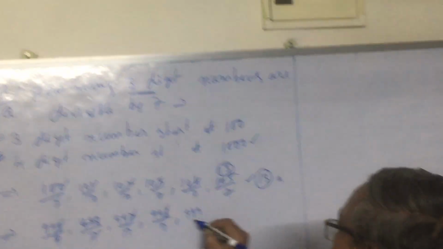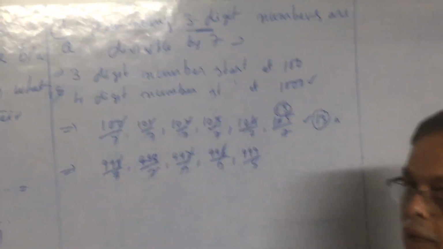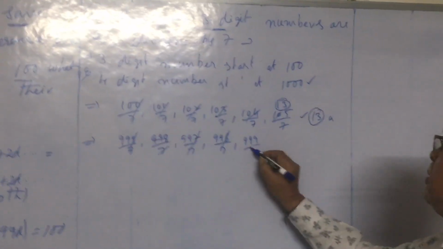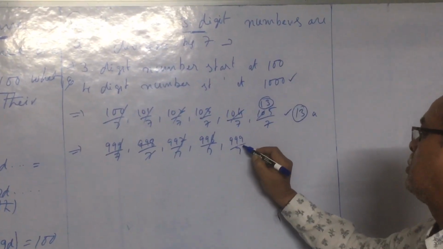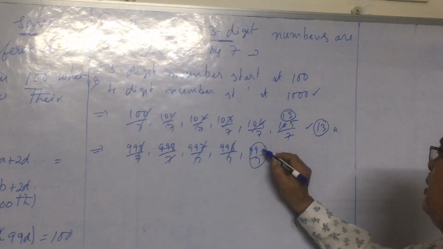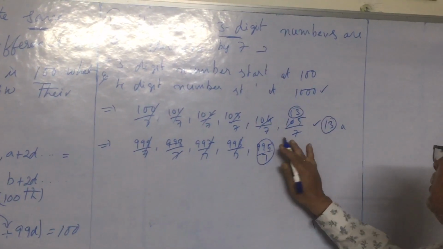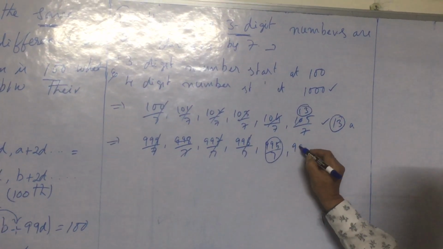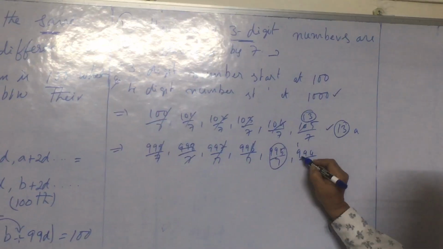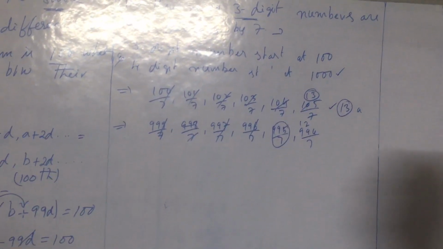995: whether it is divisible or not? 7 ones are 7, it is also not divisible. Next you have to observe 994: 7 ones are 7, 7 twos are 14.